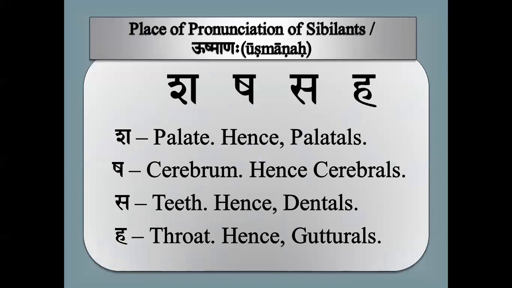Now the place of pronunciation. Sha. The sound comes from the palate. Therefore, it is palatal. Shankara, Shivaha, Shastram. It's all palatal. Your tongue touches the palate, like the chavarga, cha, cha, ja, ja, and ya, sha. Ya is a semi-vowel.